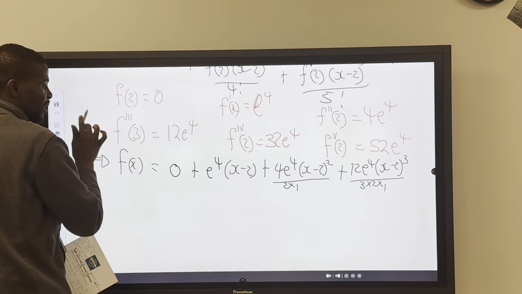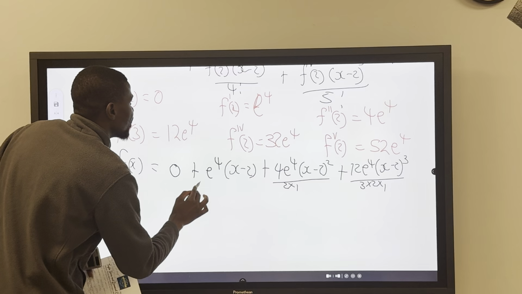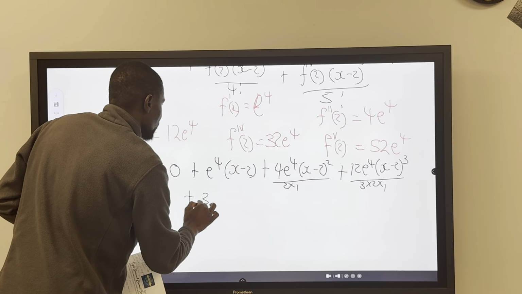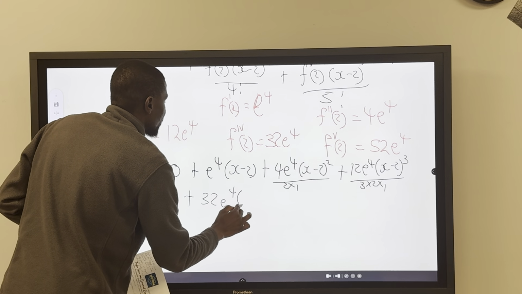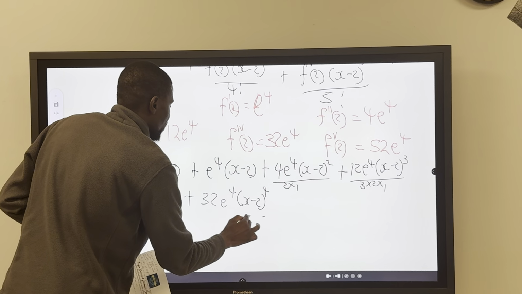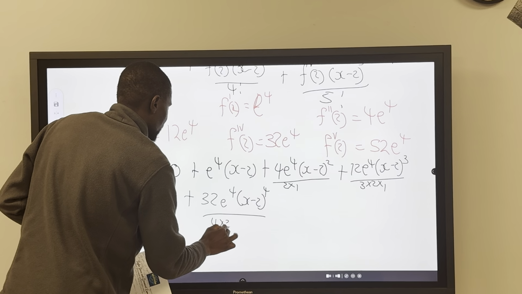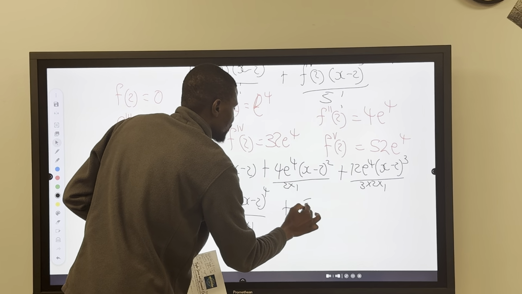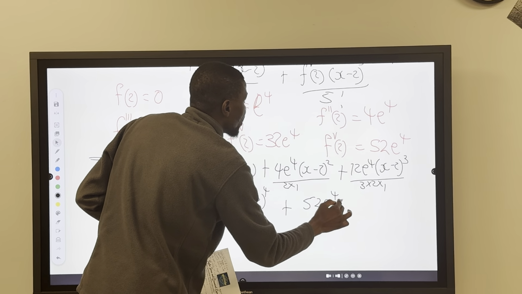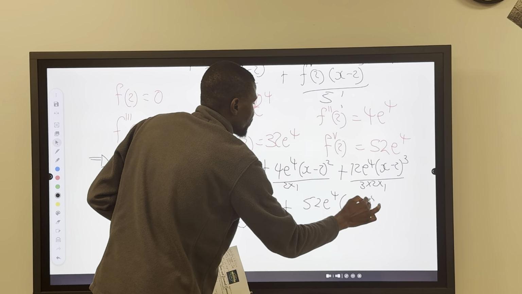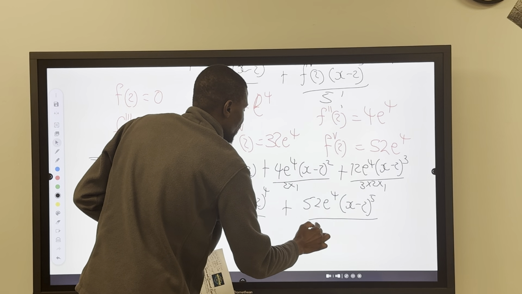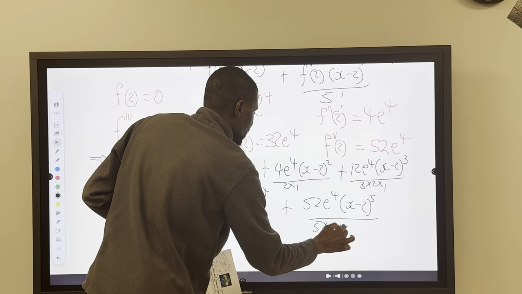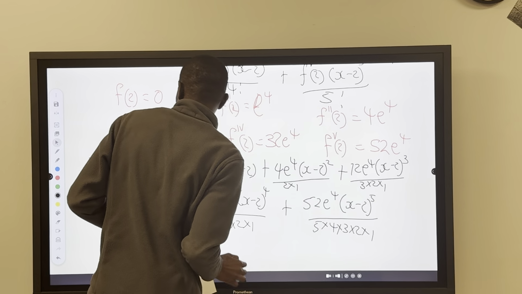Then plus the fourth: 32 e to the fourth (x minus 2) to the fourth over 4 times 3 times 2 times 1, plus 52 e to the fourth (x minus 2) to the fifth over 5 times 4 times 3 times 2 times 1.